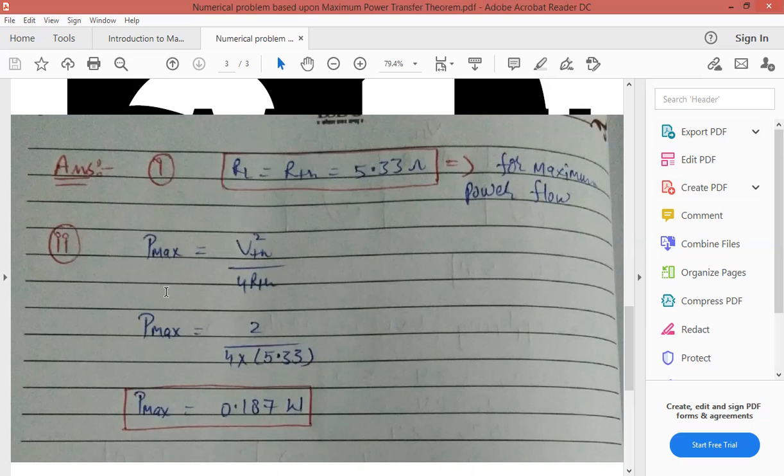Now we will find the value of maximum power which will flow through that load resistor.